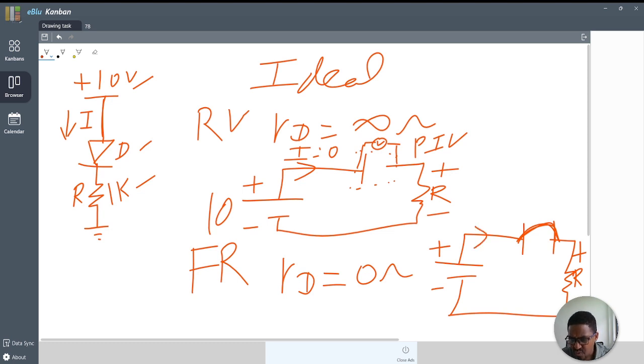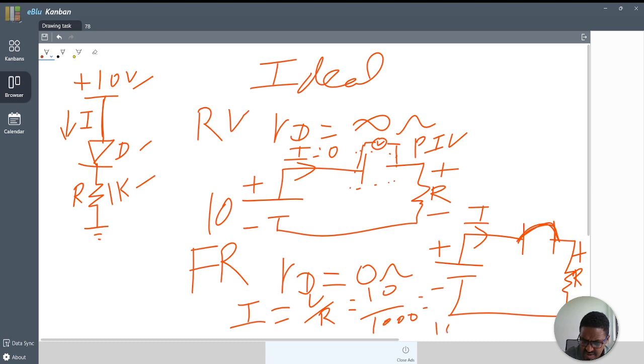So what about our current? By Ohm's law, V over R, 10 volts over 1000 ohms, it becomes 10 milliamperes. So during forward bias, we get a current.